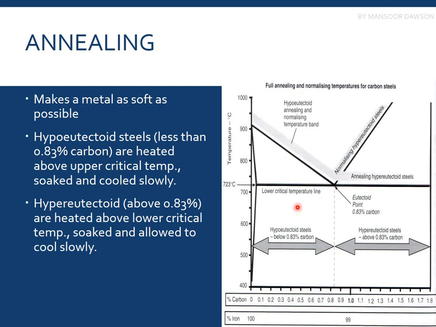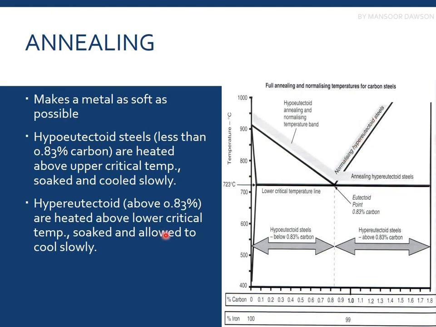You have to remember that for annealing hypoeutectoid steels, we go above the upper critical line, which is this line, into the austenitic region, and for hypereutectoid steels, we only heat the material above 723 degrees centigrade, which is the eutectoid temperature, and below this upper critical line.